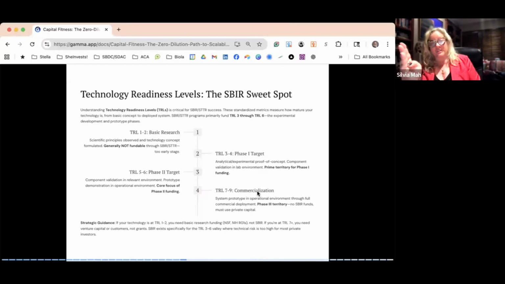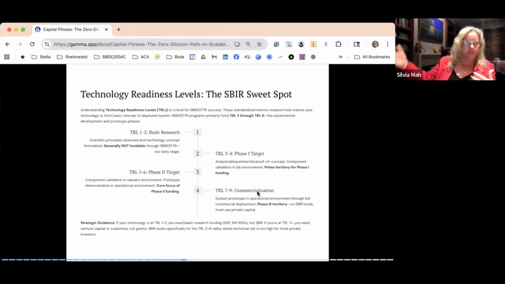You need to get to commercialization before an angel investor and VC comes in. If it's not so technical, so that you can create an MVP or a prototype and work with angel investors and VCs to get it to commercial, and you don't need that much more grant funding to get you there, that could be it. So my answer to where do they fit in is, it all depends.